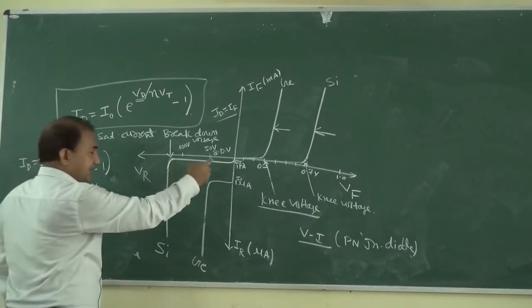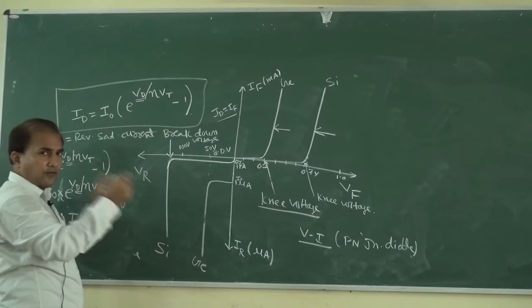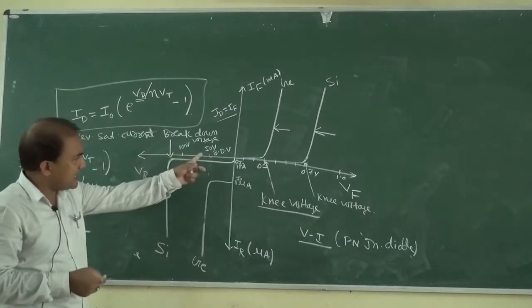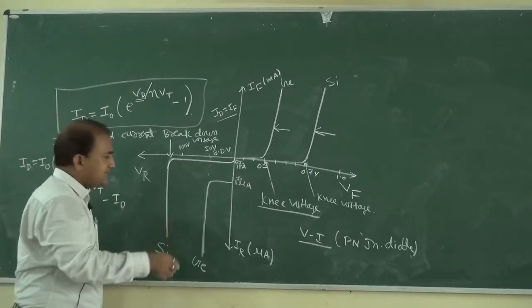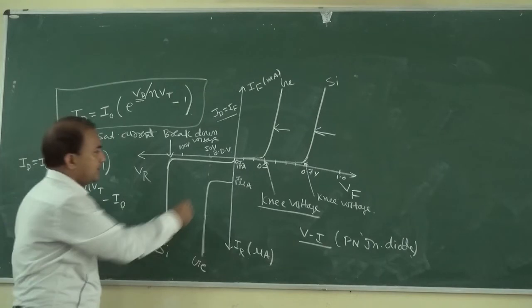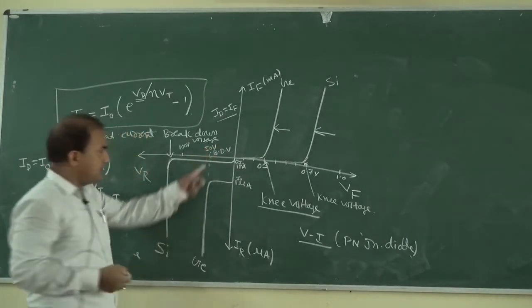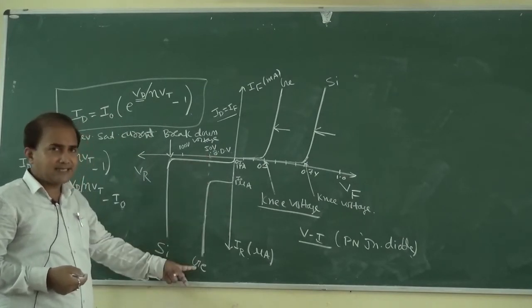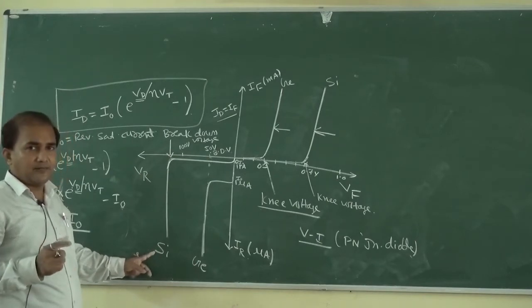In reverse bias condition, if the reverse voltage increases, then at a certain voltage the current starts rising tremendously. At this point, it is the breakdown voltage. This is the breakdown voltage for the germanium PN junction diode, and this is the breakdown voltage for the silicon PN junction diode.